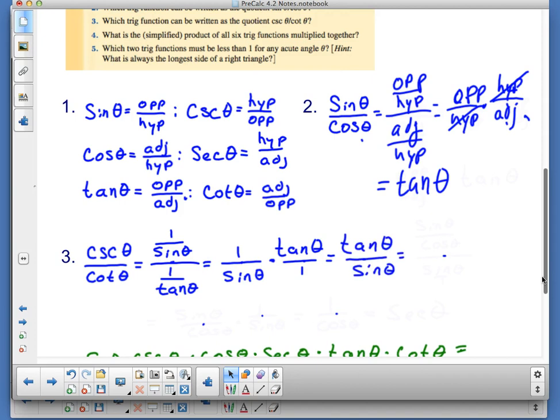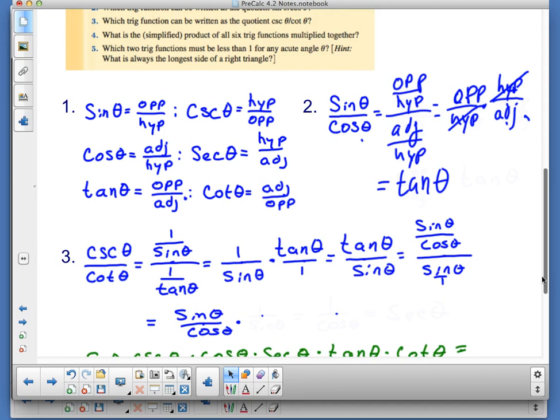When I'm looking at that, I've got tangent over sine. But tangent, we just found out, was sine theta over cosine theta. So I can flip those: sine theta over cosine theta over sine theta. So now I know that this is the same as 1 over cosine, because all I'm doing is flipping it.